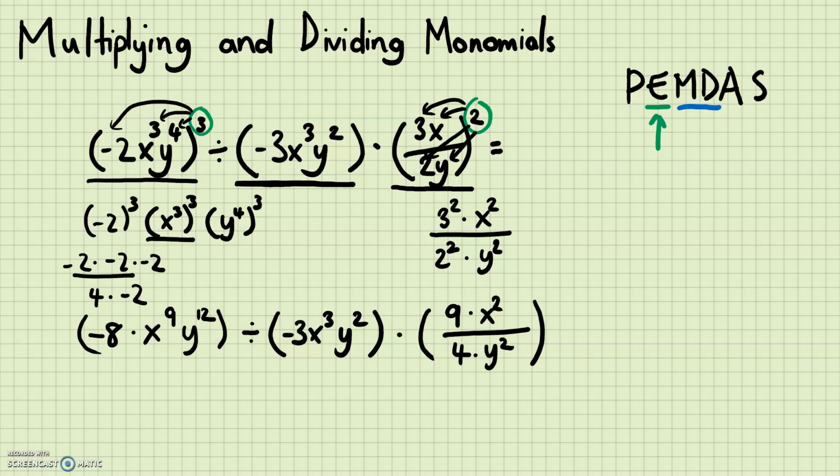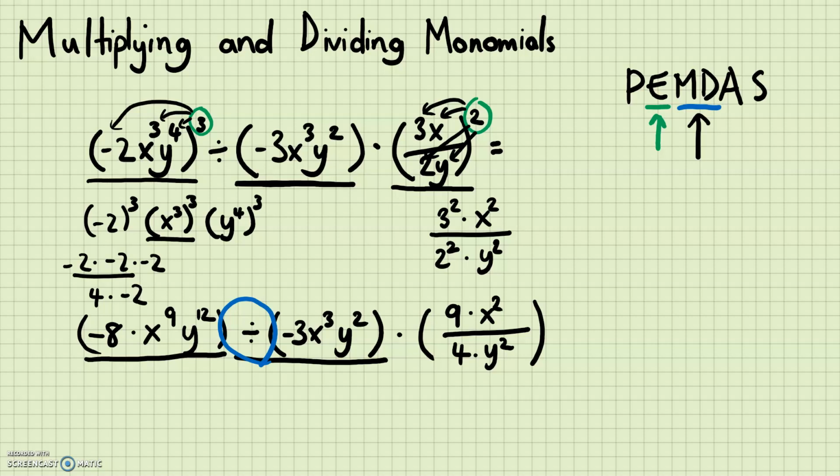Okay, so now we just have multiplication and division. When we just have multiplication and division, we can just work from left to right. So let's do the division first. Negative 8 divided by negative 3.